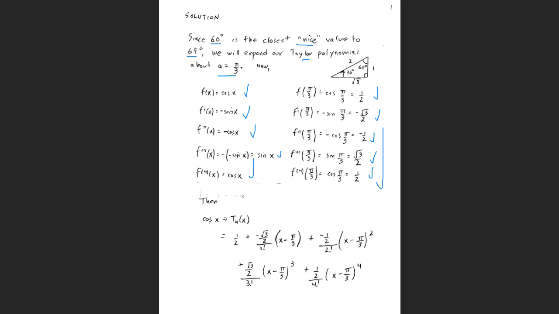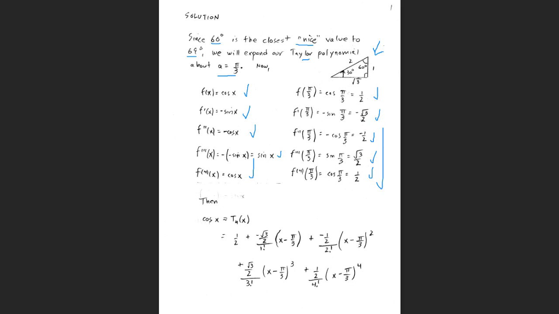So of course, what I did here is I put in a 30, 60, 90 degree triangle with legs 1 and root 3 and hypotenuse 2. That just helps me get the values. WebAssign, of course, is going to want simplified radical form for the sines and cosines of those angles of pi over 3.